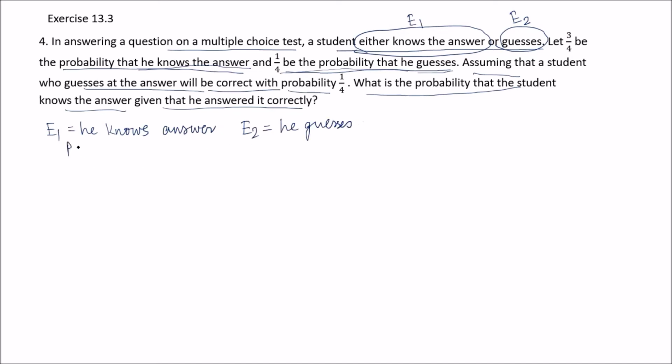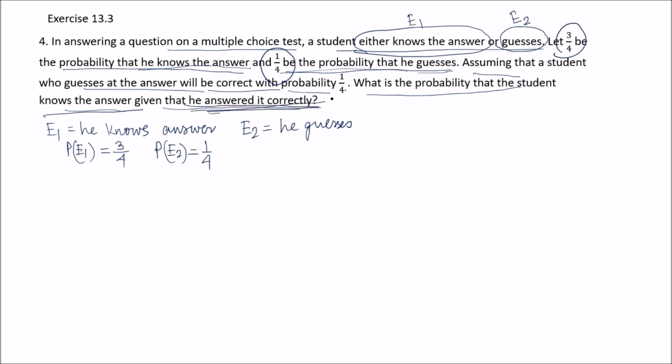Then probability of E1, E2 is given to us: 3 by 4 he knows, and 1 by 4 he is guessing. Assume that he guesses the answer and will be correct. What is the probability that the student knows the answer given that he answers correctly?